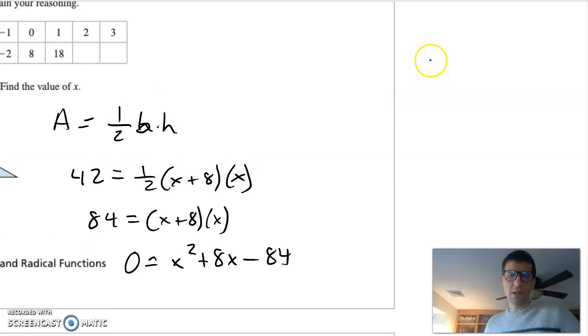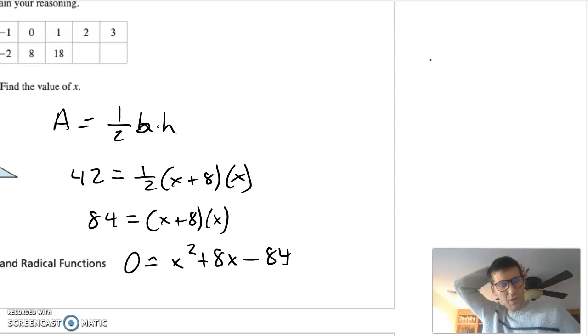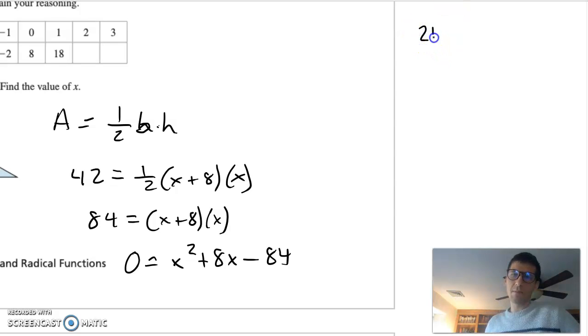84 is indeed, what's that, 21 times 4, that's not it. What are some of my other factors? Well, I also have 42 and 2, it's definitely not that. I could have 7 times 12, is that right?